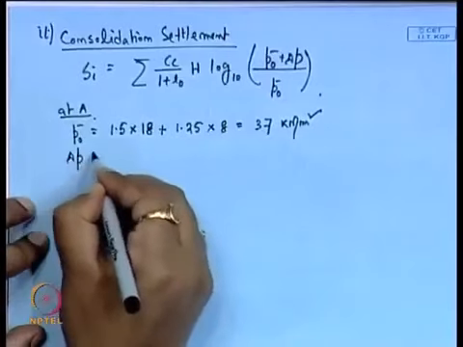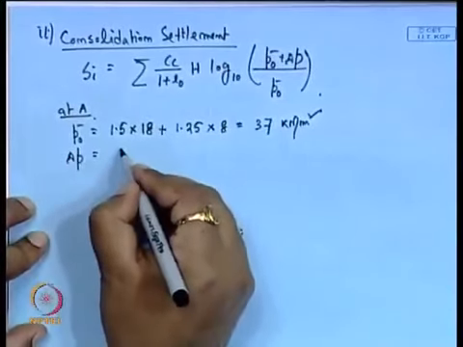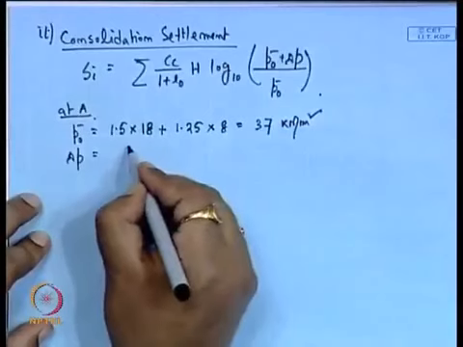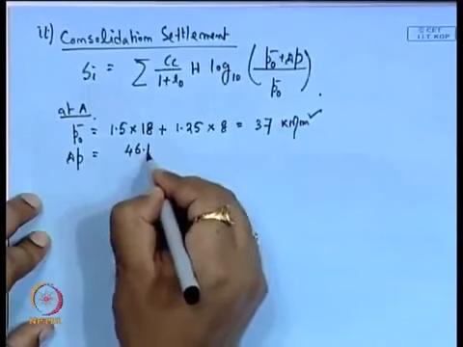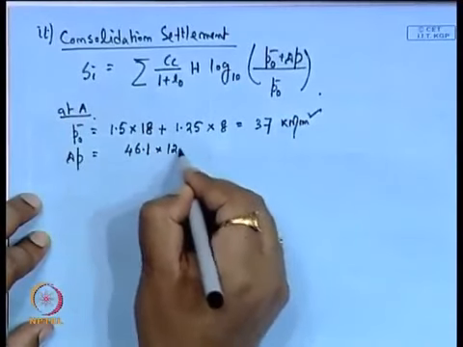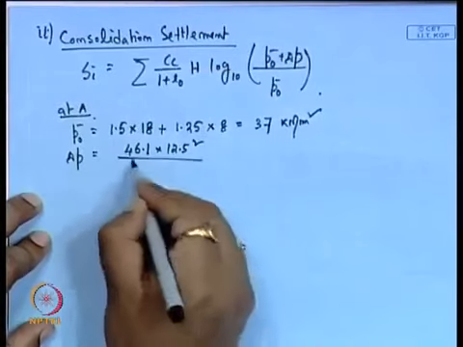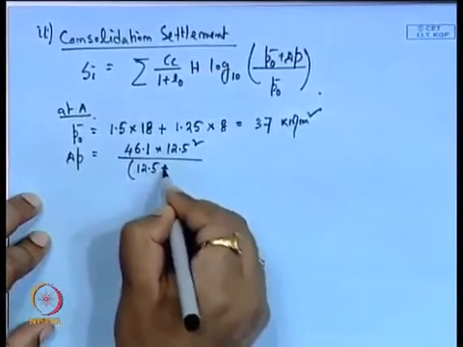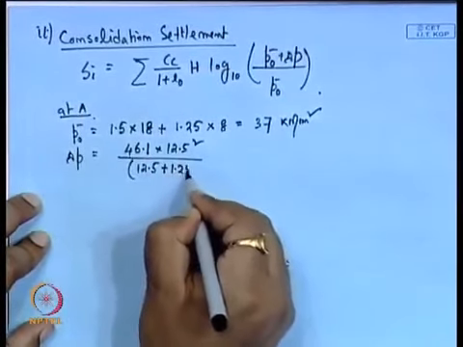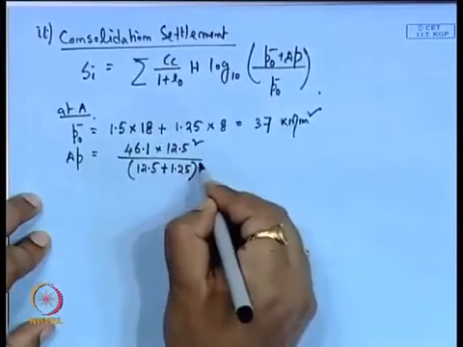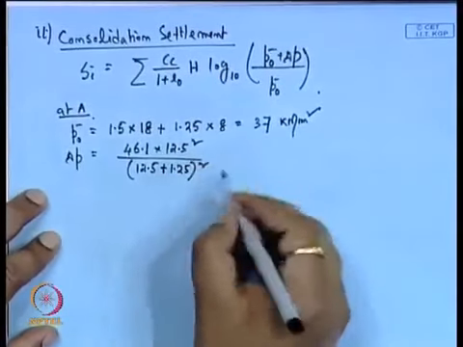Similarly, del P, we are considering 1:2 distribution. So, 46.1 into 12.5 whole square divided by (12.5 plus 1.25) whole square, because this is a square footing.